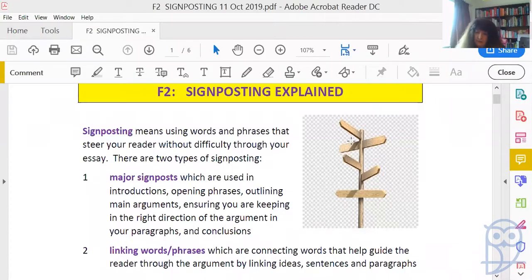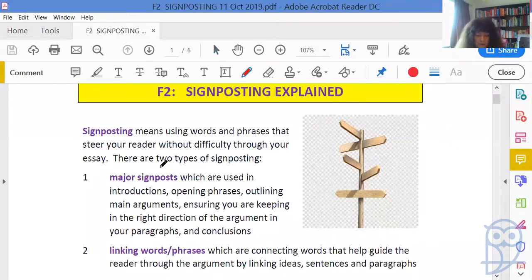So let's take a little look at a document. There is a picture of a signpost. You've all seen them on roads where they haven't been knocked over, as we mentioned earlier. Signposting means using words and phrases that steer your reader without difficulty through your essay. That's all it's about. And when you use those signposting words, it looks like you, the writer, know what you're talking about.